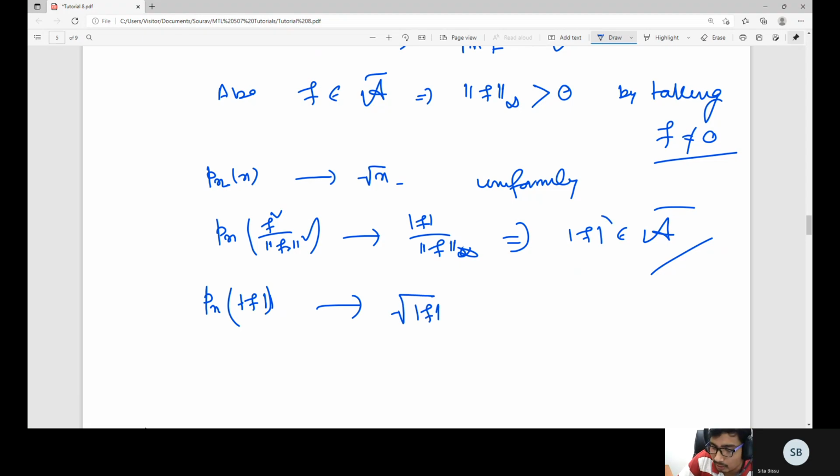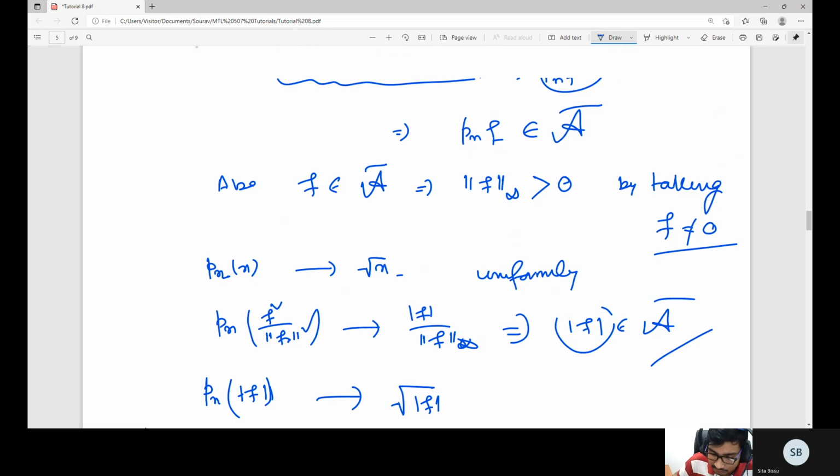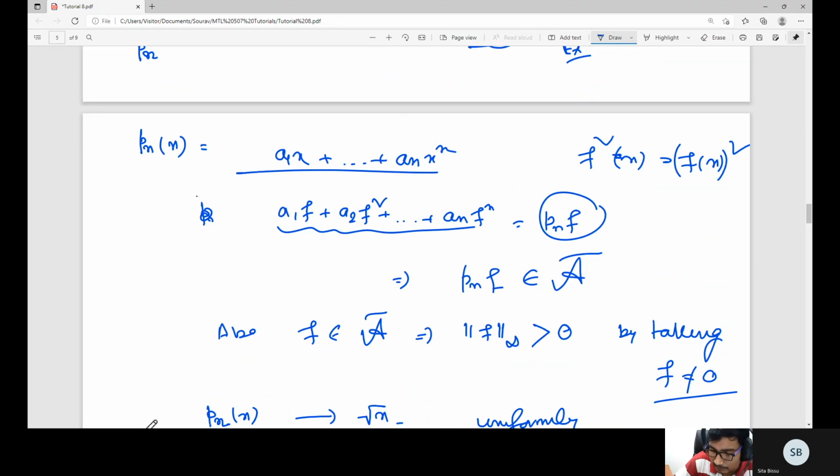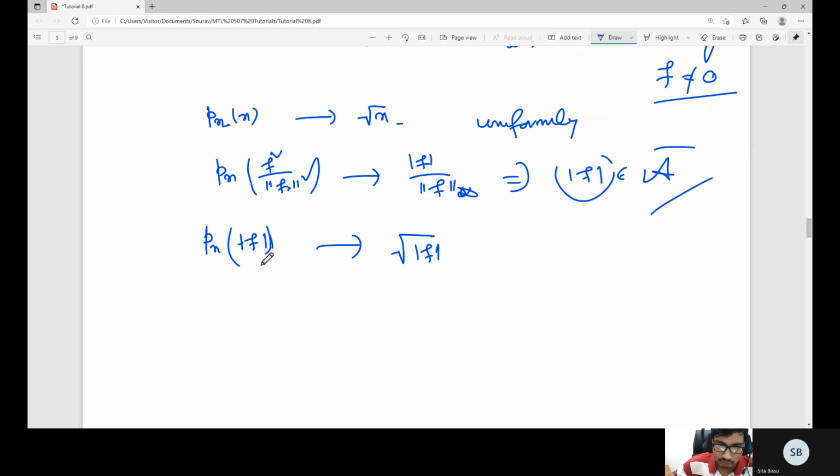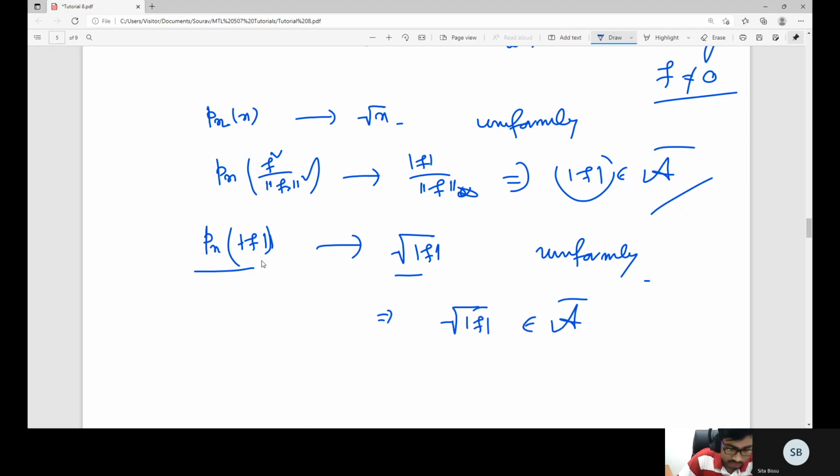Because whenever mod f belongs to the closure, by the same argument P_n(mod f) belongs to the closure, so it is a sequence there. And since it's a closed set, this converges to root of mod f uniformly, of course with respect to the uniform metric. So therefore, root of mod f also belongs to the closure. Fine.